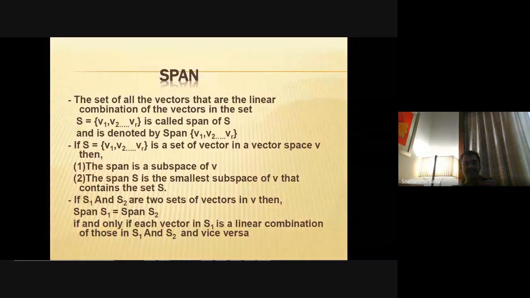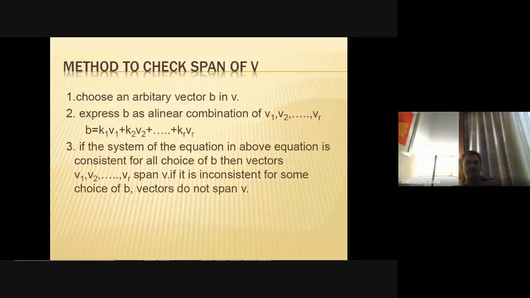Span, we already know this, so I'm not going to talk about it. The only thing I would like to mention is how to check whether a particular vector is in the span of some vector space. What you have to do is know the basis of that vector space.